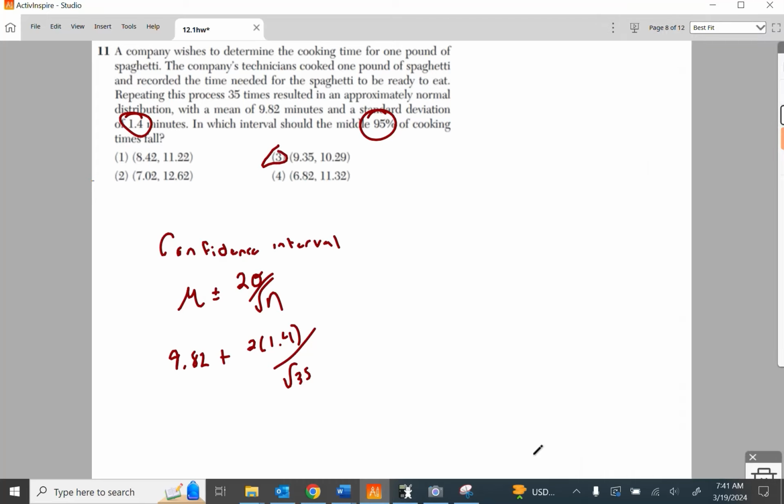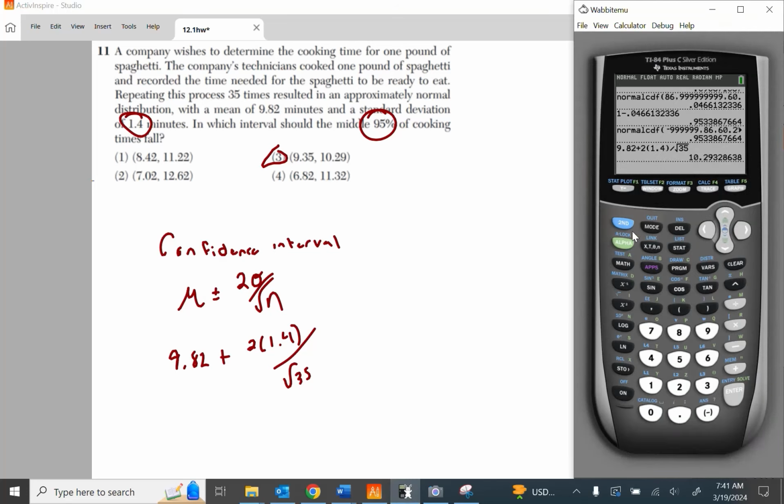Now, let's see what happens if we just let the TI-84 do all of it. Let's see, what was that, second vars maybe? No, wrong place. Go to Stat, Tests, Z interval. Going to use descriptive statistics. We have a standard deviation of 1.4.